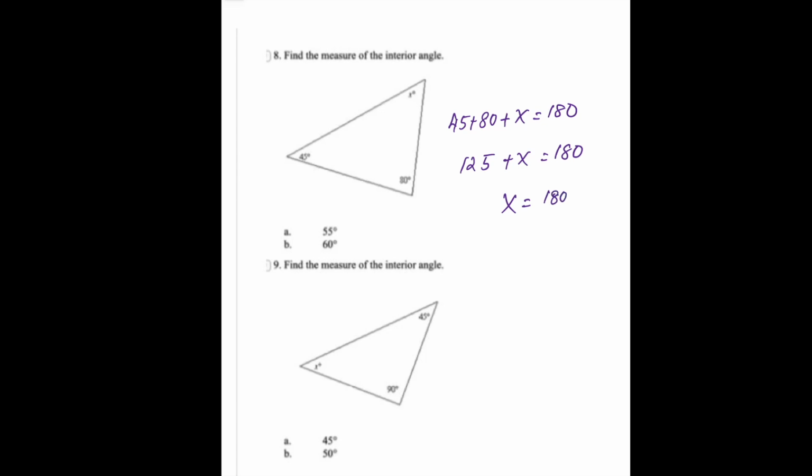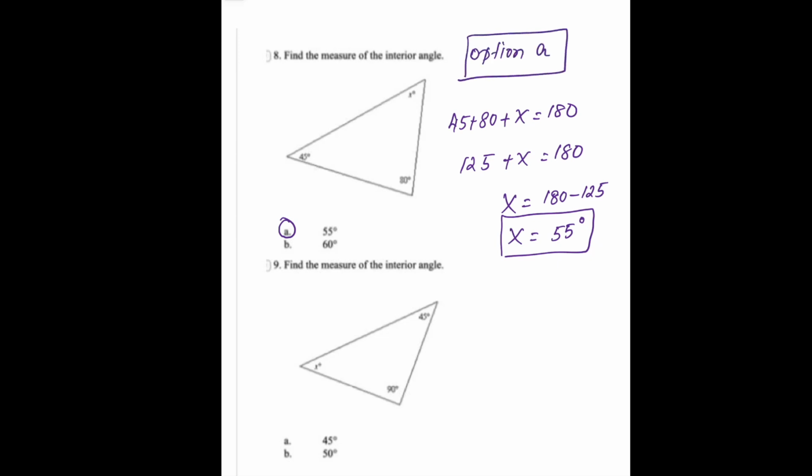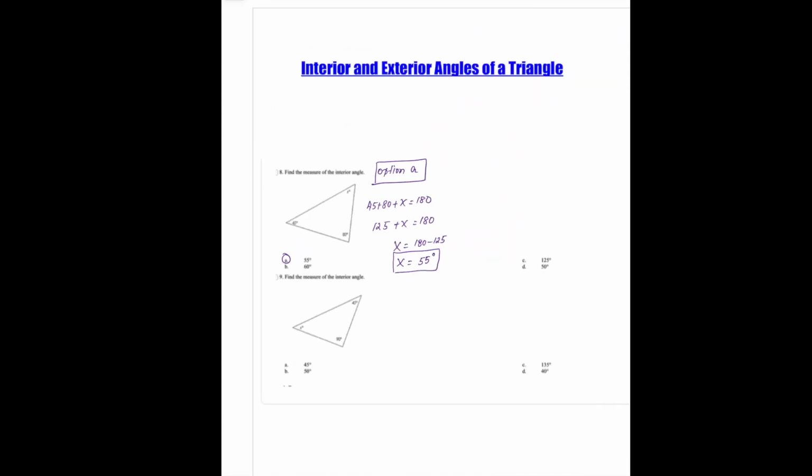So x is equal to 180 minus 125. So that's going to be 55 degree. So x is 55 degree, which is option A. So the answer is option A, which is 55 degree.